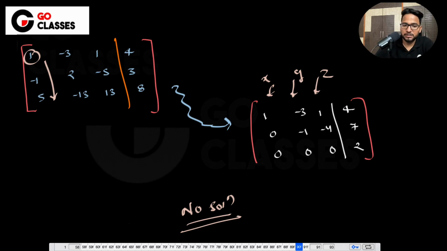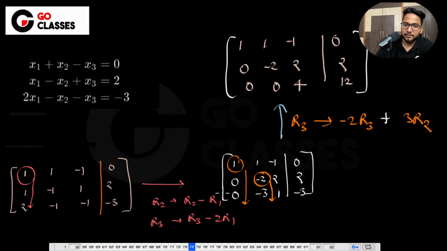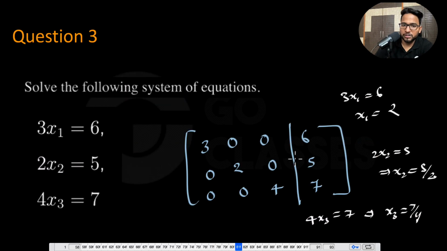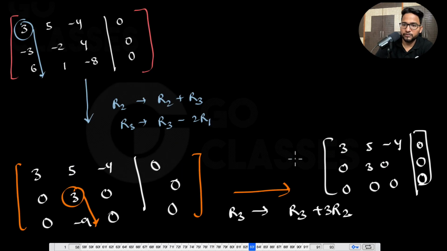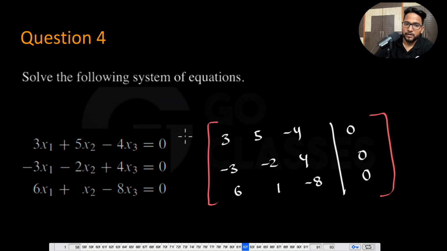So let me just recall what we are doing. We have solved this example. In this example, we got a unique solution, right? And everywhere we got a unique solution until we encountered one question which is having the free variable. So this is the first question, question number 4, which is having the free variable. Questions number 1, 2, 3 were unique solutions.